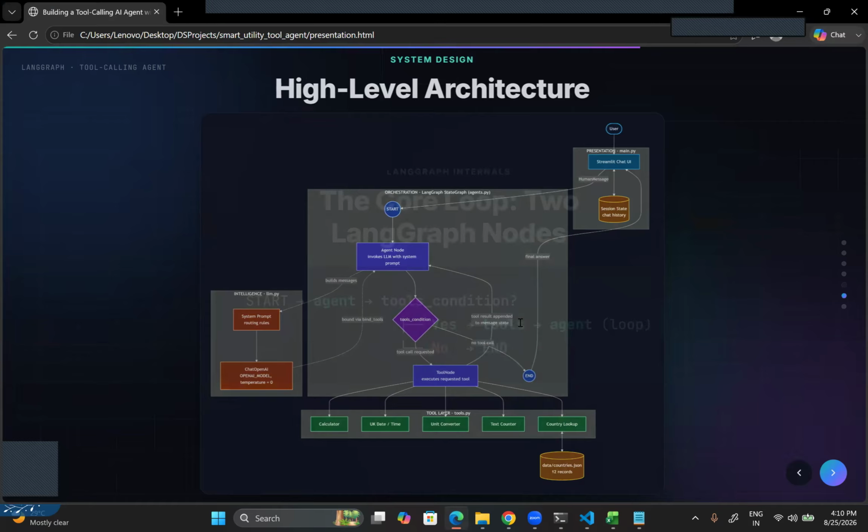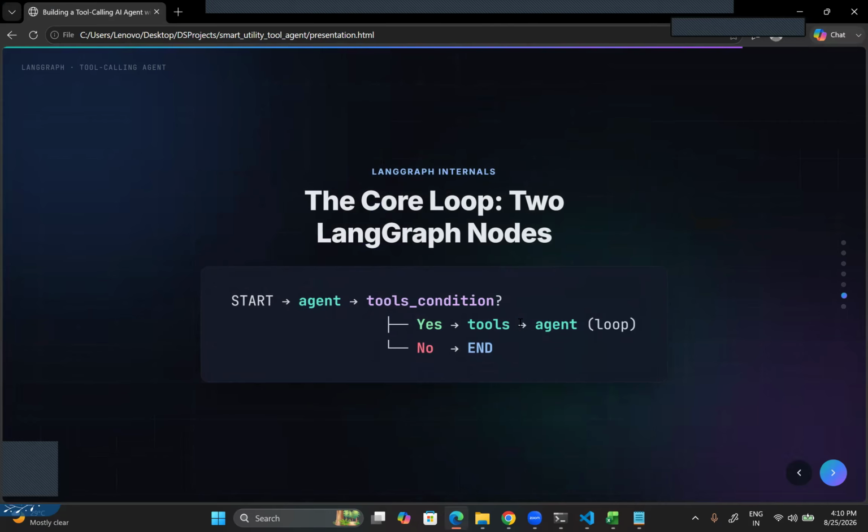Now, let's see. If you see over here, there are exactly two nodes, the agent node and the tool node. This tools underscore condition, which I was talking about in that architectural diagram, is a pre-built LangGraph function.